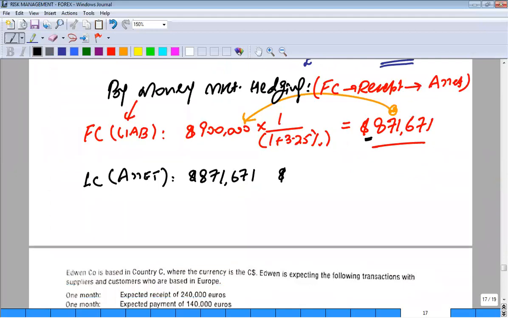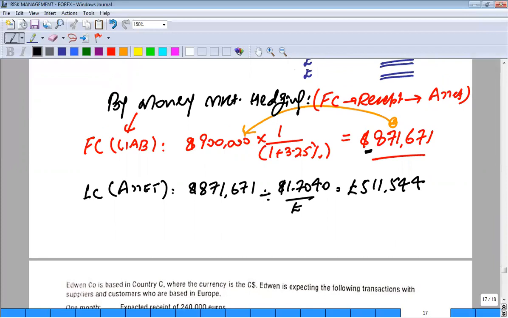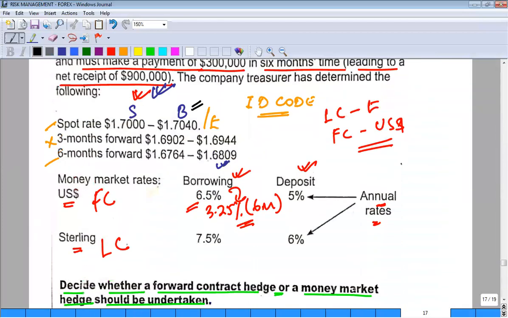1.7040. Divided by 1.7040, we will say that it is 511,544 sterling that we have deposited in the local currency account, deposited in sterling, at 6%.